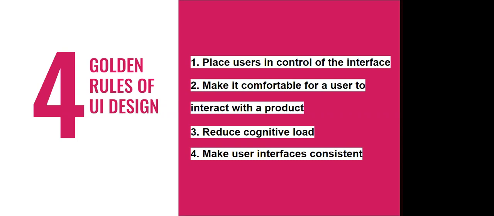And then the third part, which is also very important, and all of these rules are interrelated, as I'm going to show us briefly, is that you need to reduce the cognitive load. And what does that mean? You're not designing for a particular set of people who have a certain high level of intelligence.